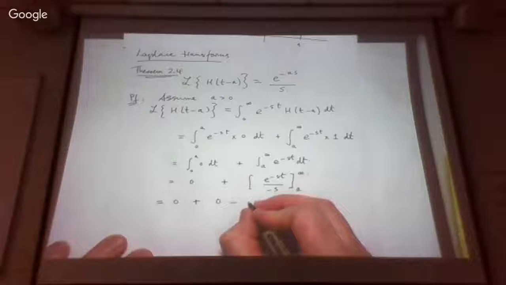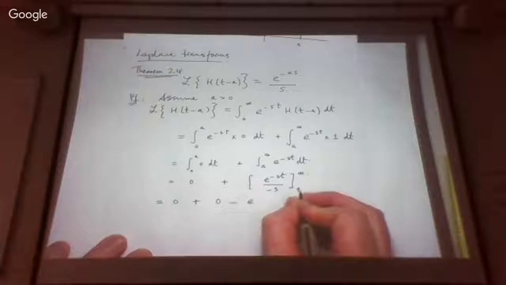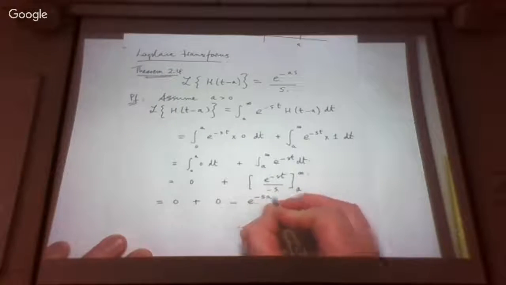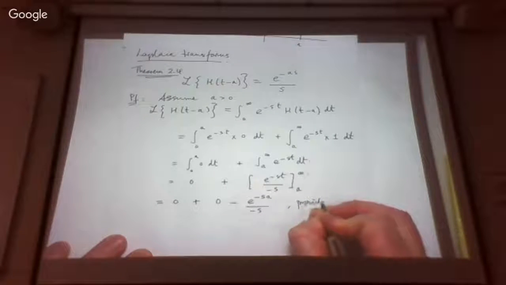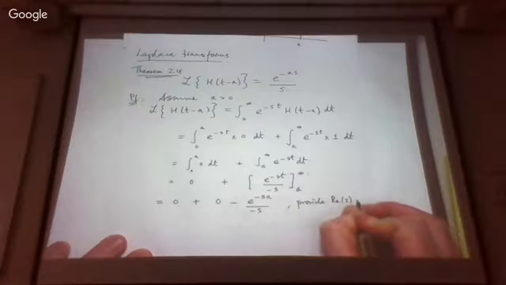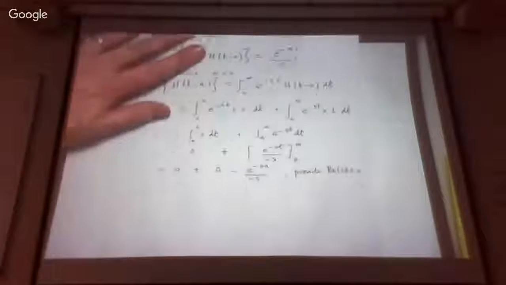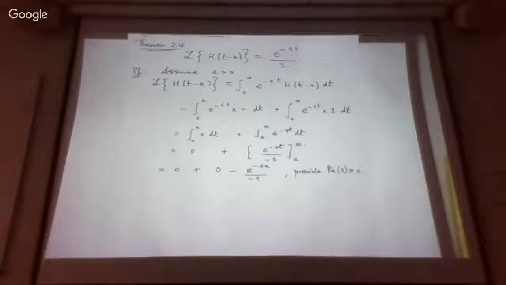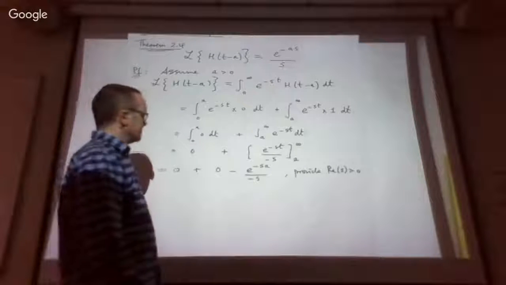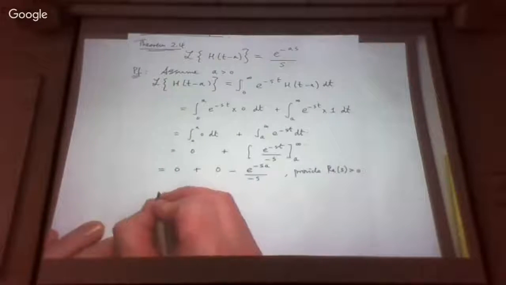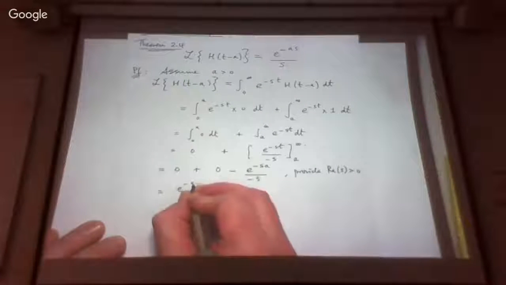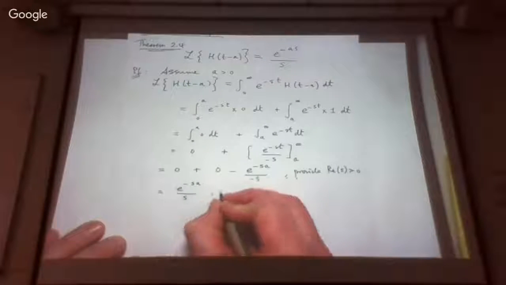And then it will be minus, and the evaluation at t equals a is just by substitution. That's provided the real part of s is positive. We discussed that when we looked at the definition of the Laplace transform originally. So basically it's just what we expect. e to the minus sa over s, as required.